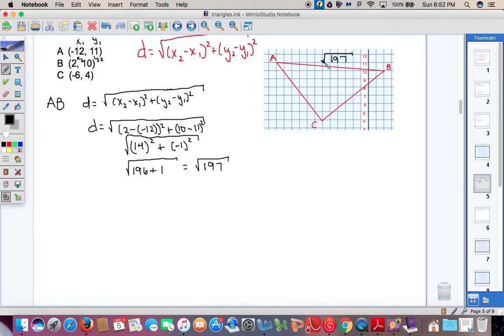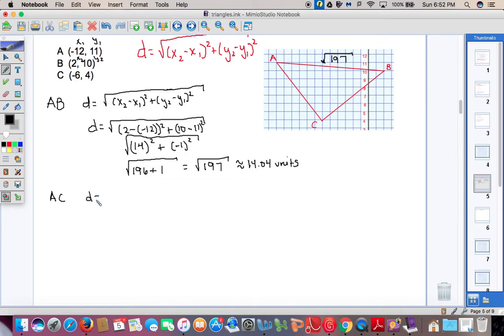This is approximately, and if we want to round, we can round to the nearest hundredth, which is your second decimal place, about 14 and 4 hundredths, so 14.04 units. Now you need to do the same thing for A to C.